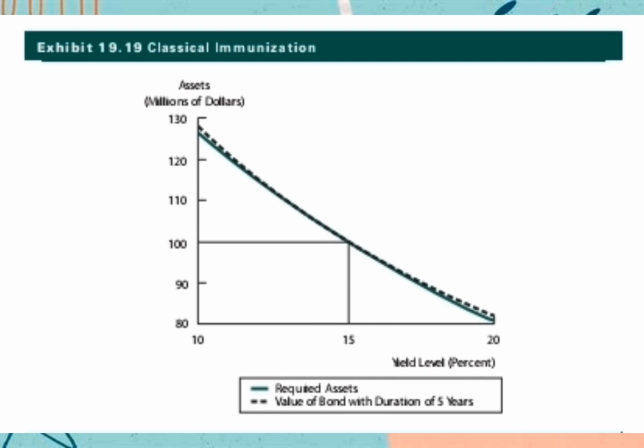Contingent immunization modifies this, allowing a cushion spread between the current market returns and the floor rate, providing flexibility for active portfolio strategies.